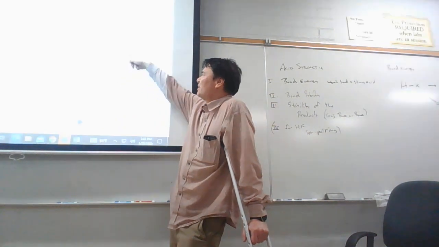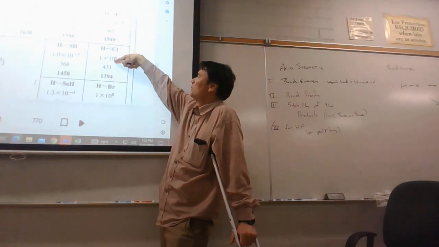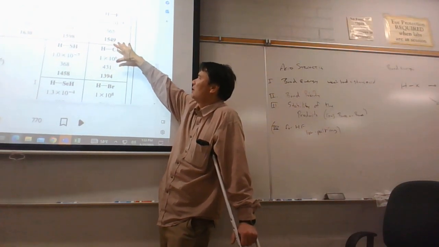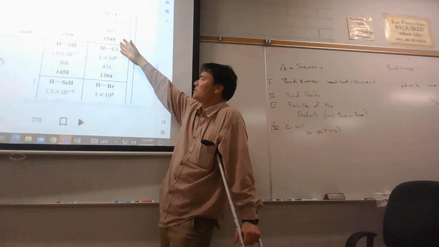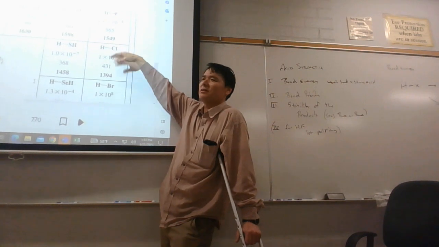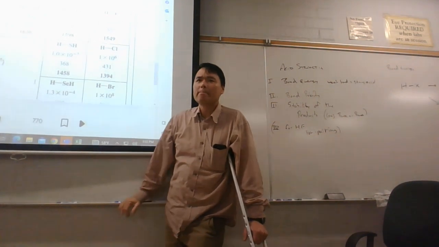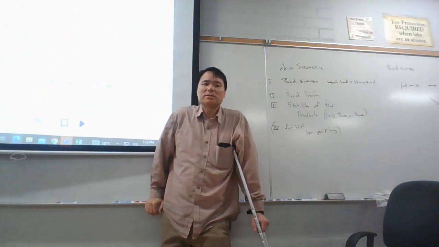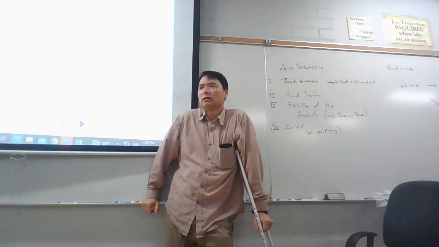But when we look at the bond energies, the heterolytic, we'll ignore the homolytic here, it's 1549. Yes, it's stronger versus 1394, but 10 billion times stronger? No. And so that means there must be other factors at play. So what are the other factors?